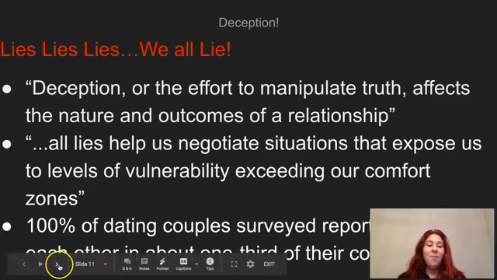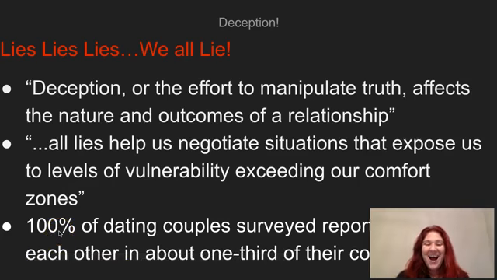So people lie, 100%. I thought that was a pretty interesting stat. It basically proves that we all lie. I don't think we realize or recognize how much we lie, so being aware of it is a great way for us to understand and maybe stop those behaviors.